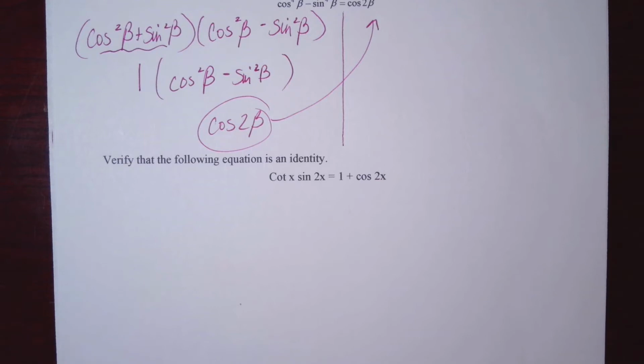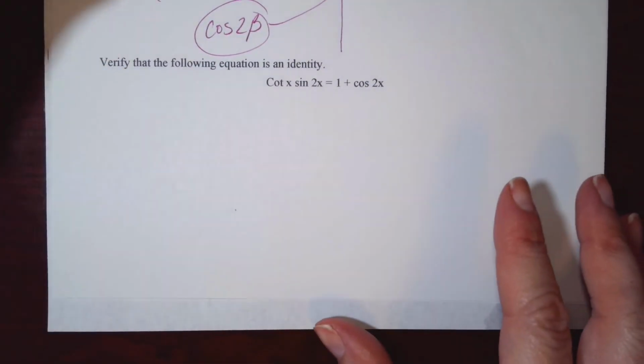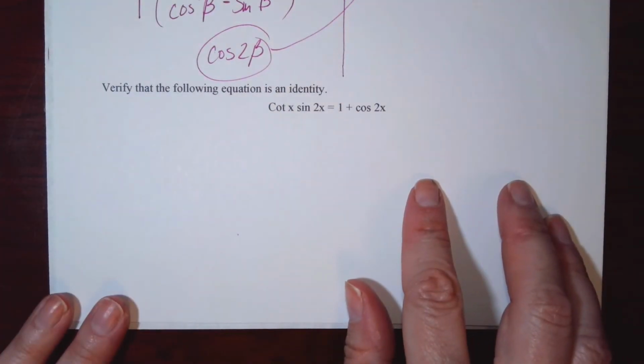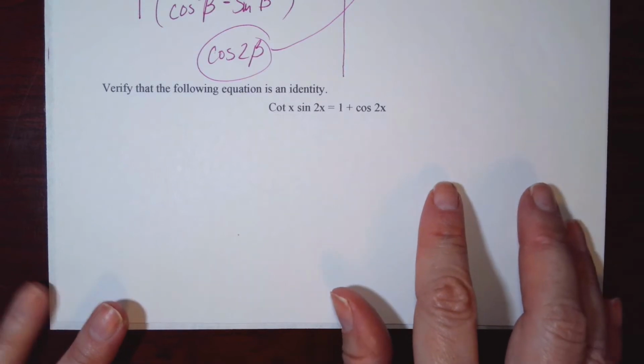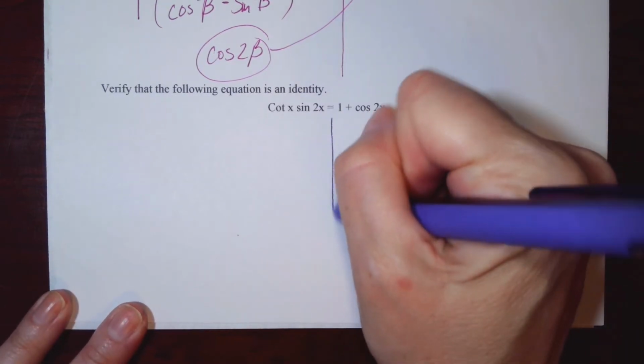Okay, let's verify this one. Show how it is an identity. We've got cotangent x times sine of the double angle. We want to end up with 1 plus cosine double angle. Okay, so where do we want to start? Well, I'm going to start on that left side.